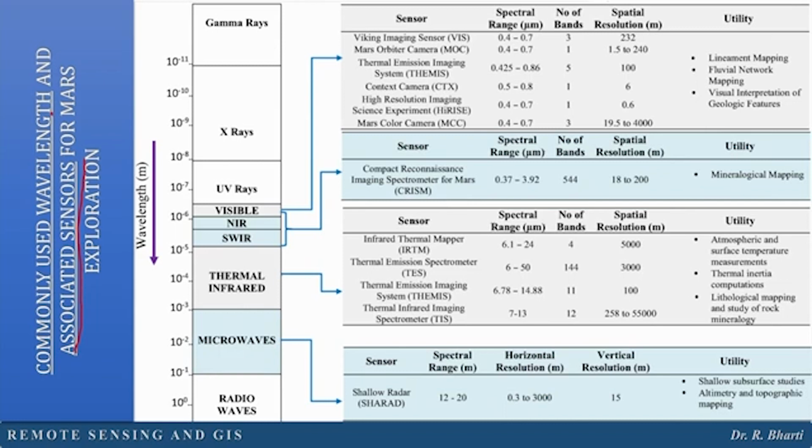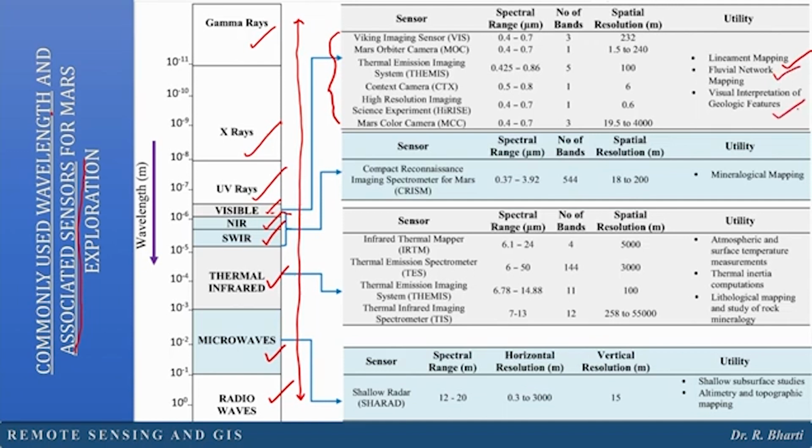This is the electromagnetic spectrum. Here we have gamma rays, X-rays, UV, visible, NIR, SWIR, thermal, microwave and radio waves. This particular section is connected with visible, which is used for lineament mapping, fluvial network mapping and visual interpretation of geological features.